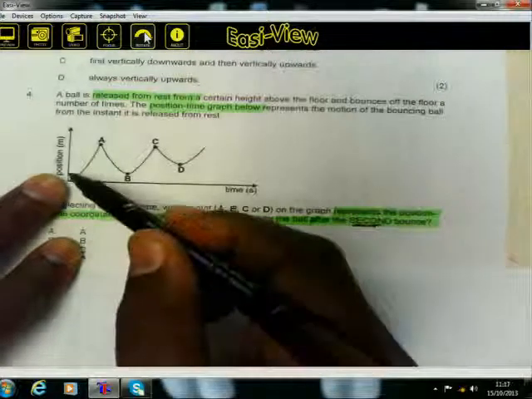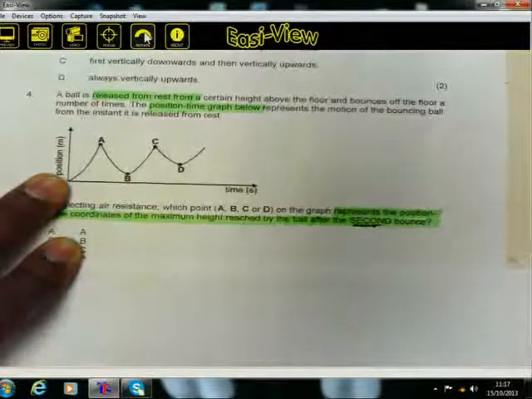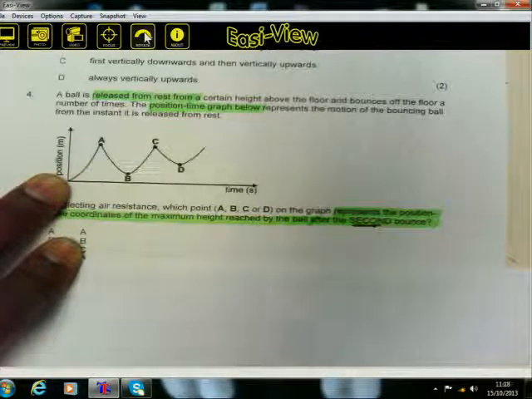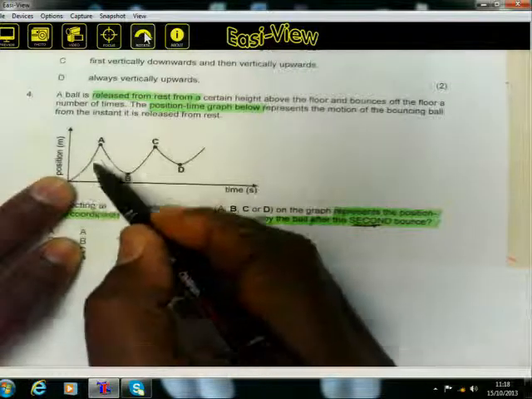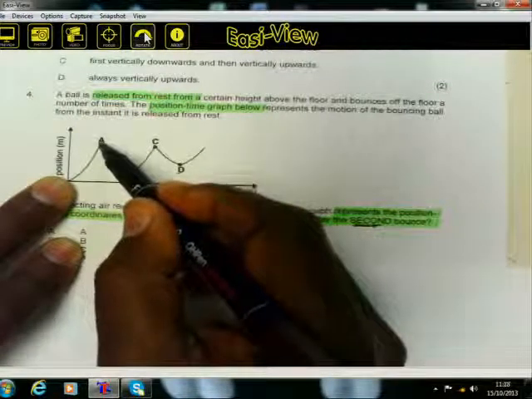So as this object is accelerating, its velocity increases, or as it's dropped, its velocity increases. Therefore, its acceleration is positive, hence why you see that.